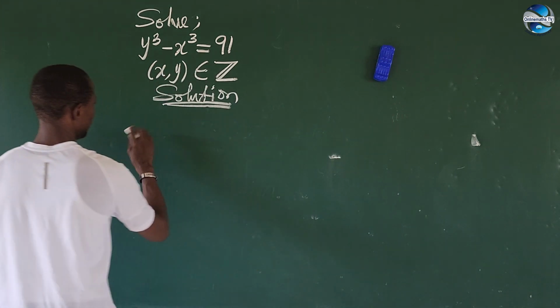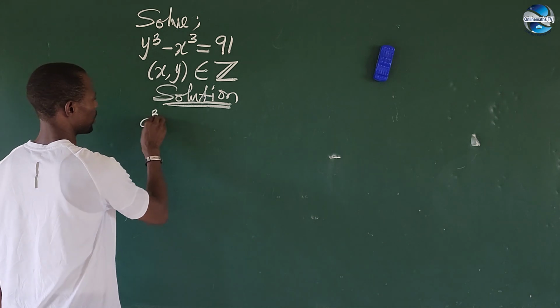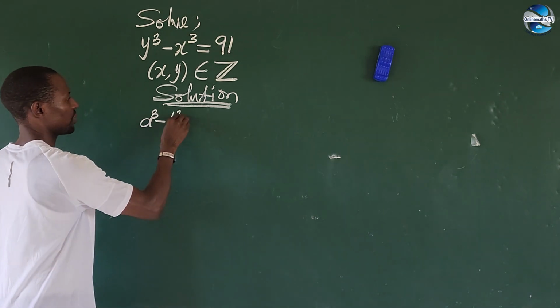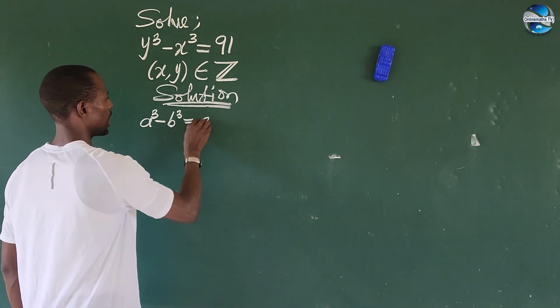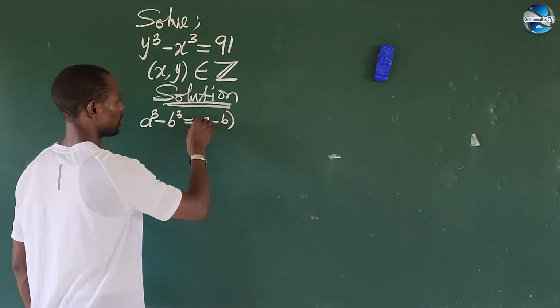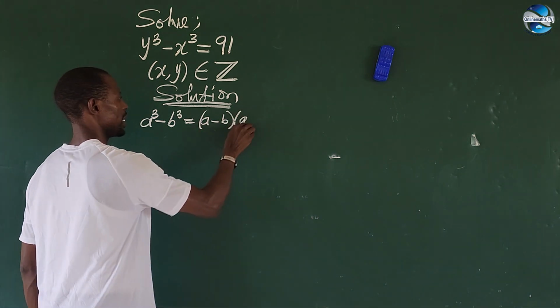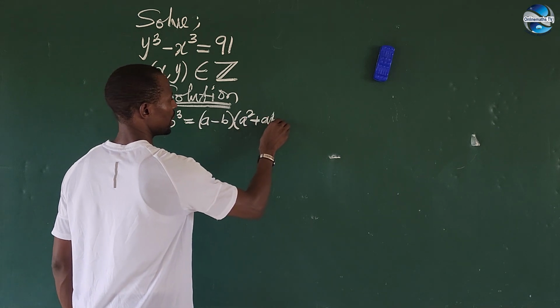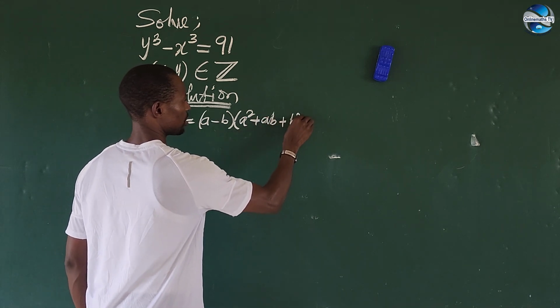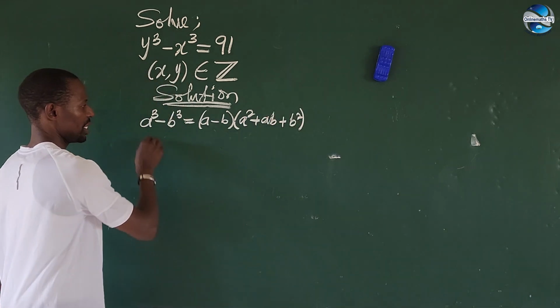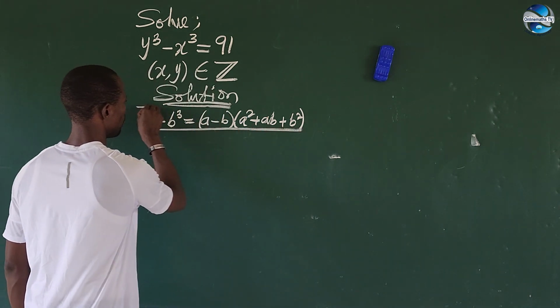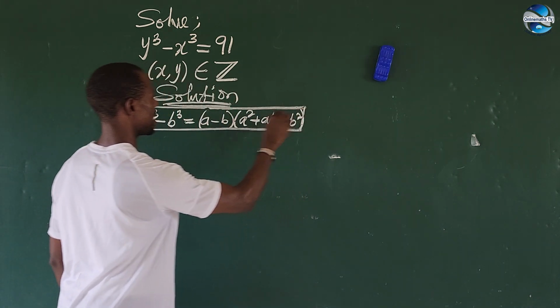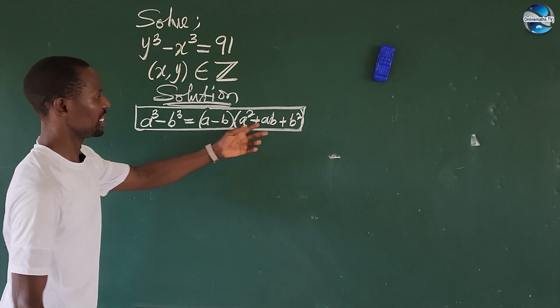It says that if you have a to the power of 3 minus b to the power of 3, this is equal to (a minus b) times (a to the power of 2 plus ab plus b to the power of 2). Remember this? Okay. Now, we can rewrite the left-hand side of this equation in this format.